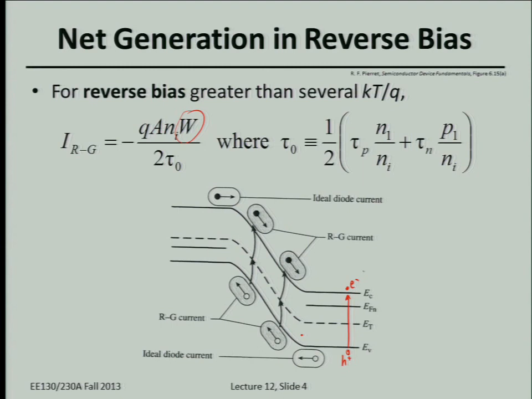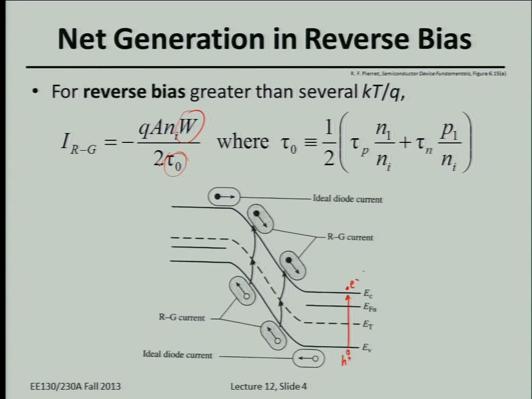But here, before those generated carriers have enough time to find each other and recombine, they're already swept out by the electric field. So really, only the carriers generated within the depletion region are going to contribute additional negative current. And tau naught represents some kind of average time between generation events.